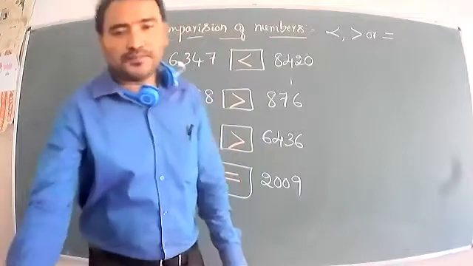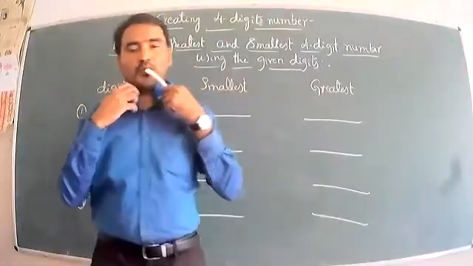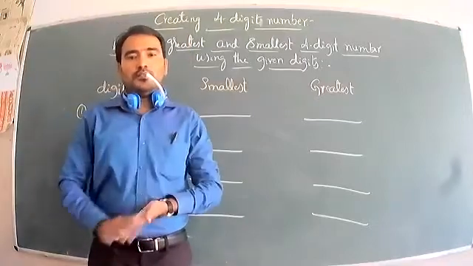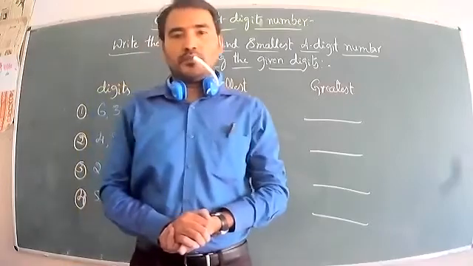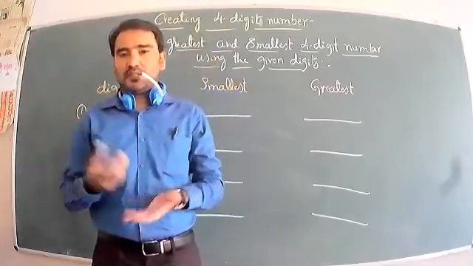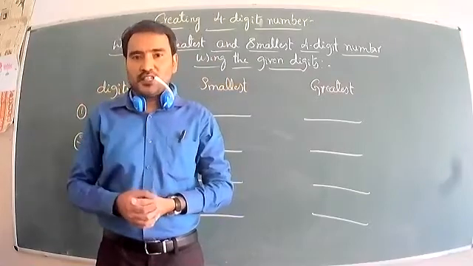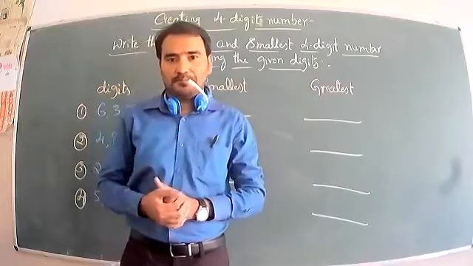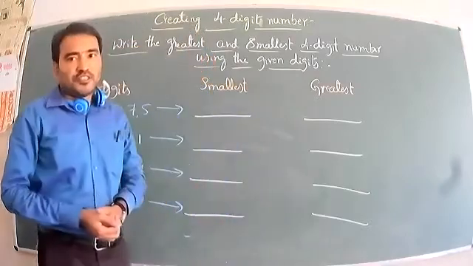Okay children, what is the use of comparing numbers? It is used to find which number is greater and which is smaller, and to arrange them in ascending and descending order easily. Now, creating 4-digit numbers.